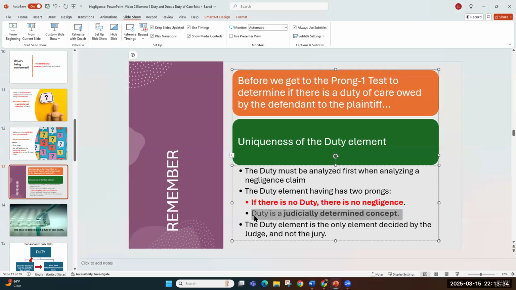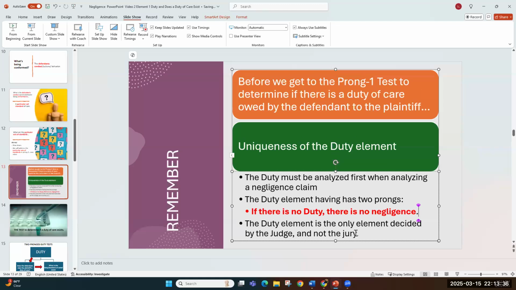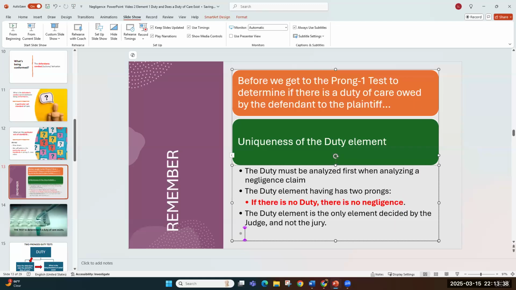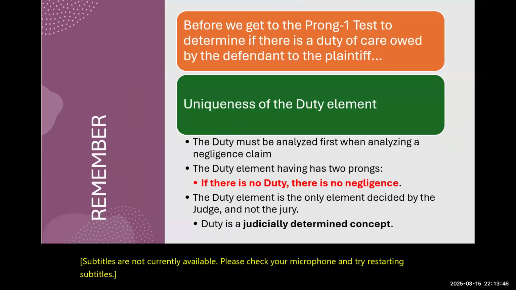And if we don't meet the threshold, what does that mean? That means that we don't proceed any further in the analysis. So those are some unique characteristics about the element of duty. You're not going to find those anywhere else with the other elements. The judge determines duty, not the jury.